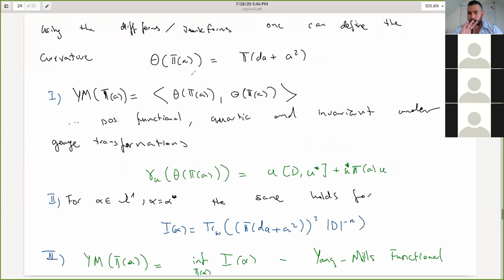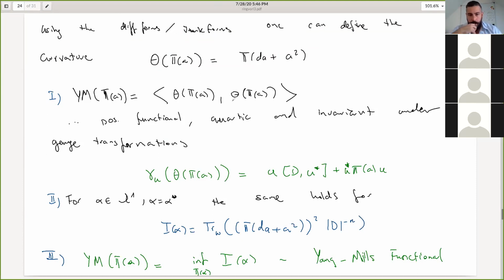So when you define the differential forms modulo these junk forms, you can define a curvature, as you do in usual differential geometry, where the curvature is defined as the derivative of the connection plus the connection squared. The same is done here with the representation pi of dA plus A squared. This is what gives you the curvature. And now the scalar product of this curvature, the square of that, gives you the so-called Yang-Mills functional.